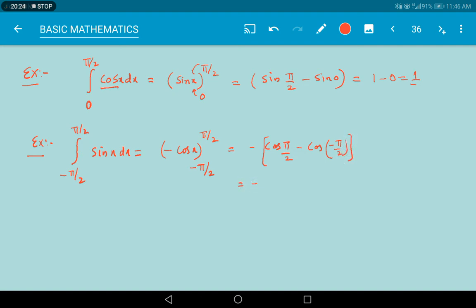So cos pi by 2, that is cos 90, value is 0, and this value is also 0, so we are going to get 0. So from minus pi by 2 to plus pi by 2, its value will be 0.